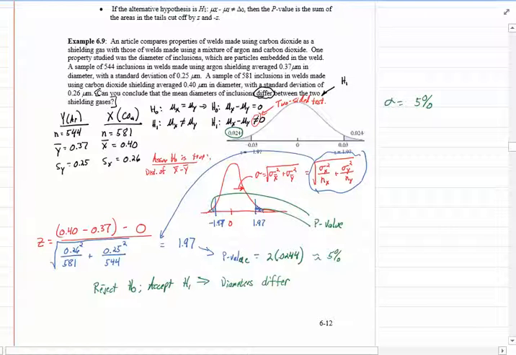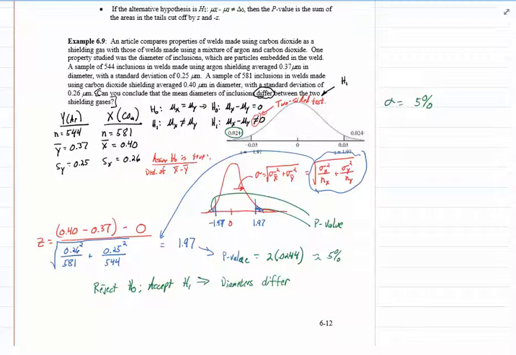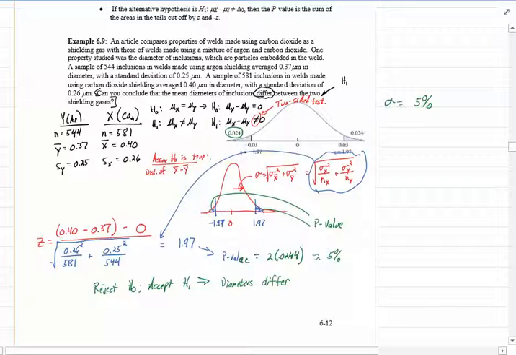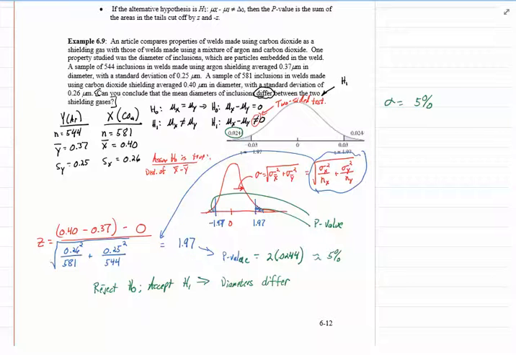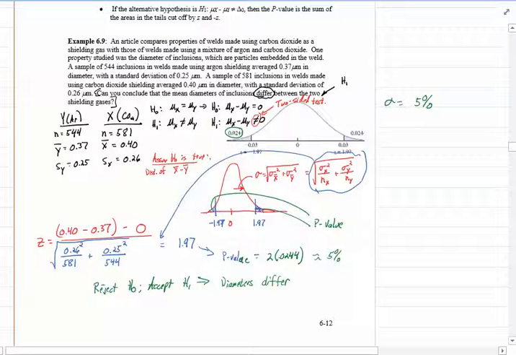And we assume the null hypothesis is true, so we draw this distribution like this, and we know that simply by random variation, even if the null hypothesis is true, let's say we do this about 100 times. How many times are we going to get a z-value out in the tails that will correspond to a p-value of 5% or less?